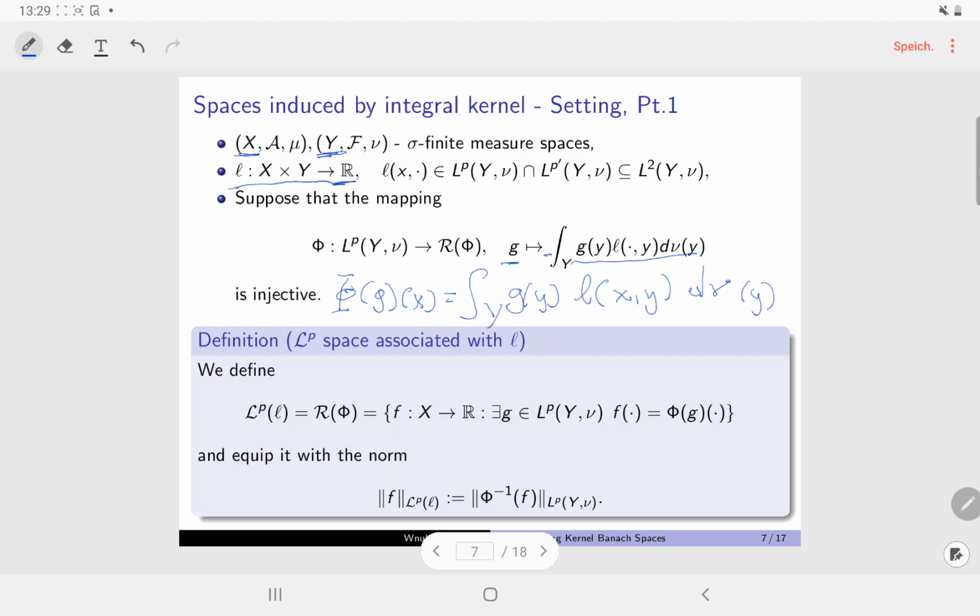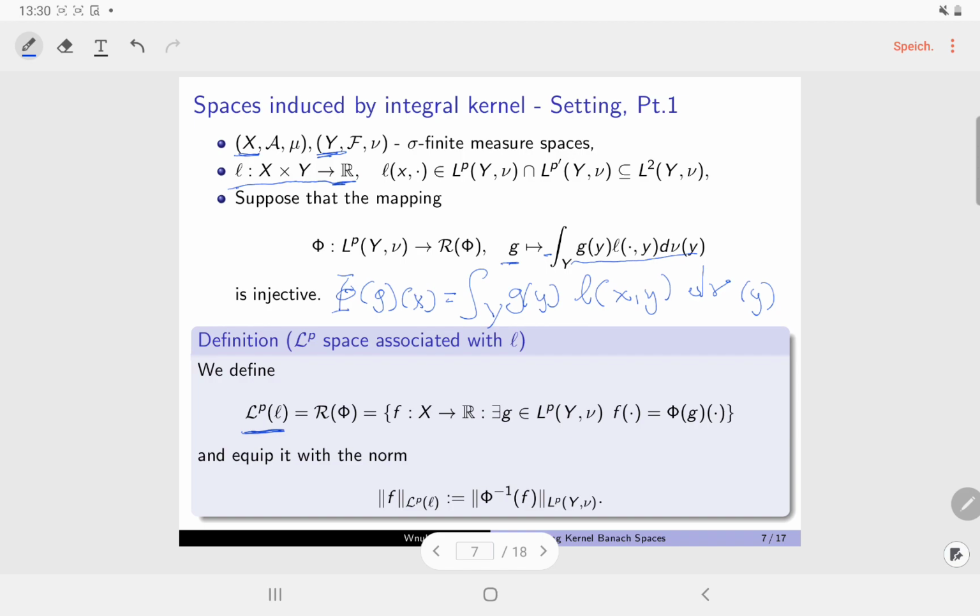So recall that we assumed phi to be injective, that is, no two L^p functions on Y yield the same function on X. With that in mind, we may now define our first protagonist, that is the space L^p of L, which is simply the range of phi.